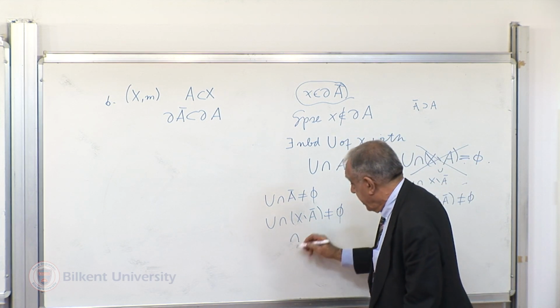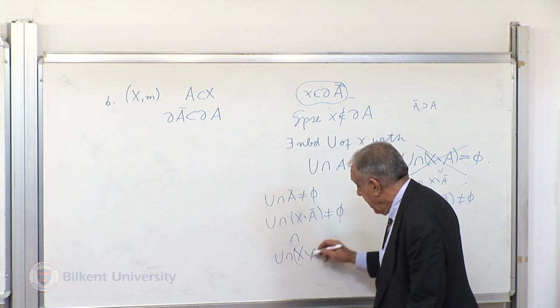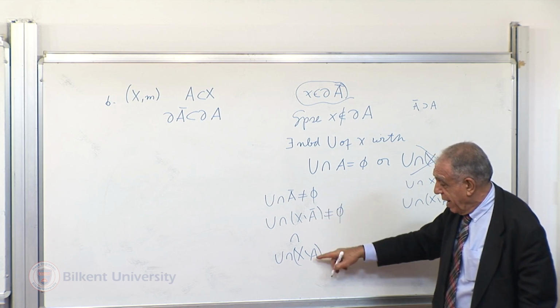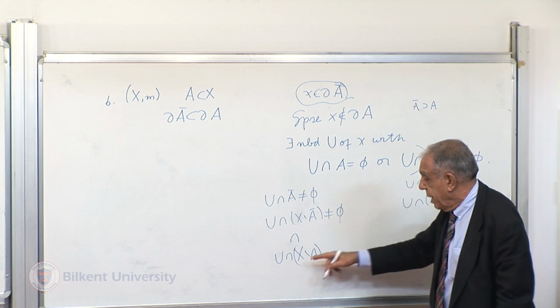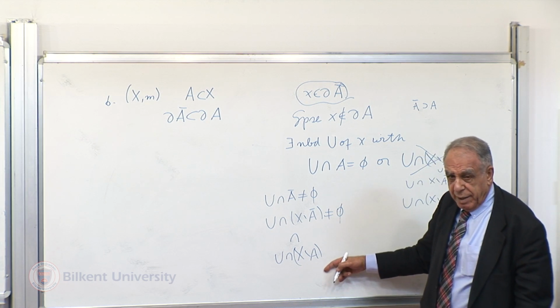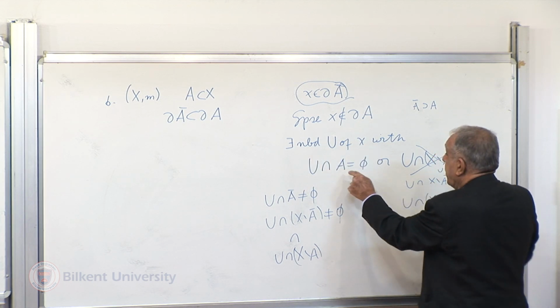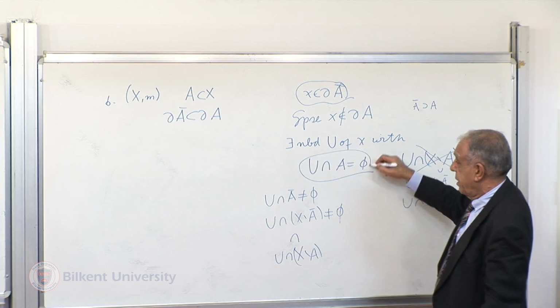But for U intersection X minus A, here you're taking out something smaller than A closure, so this is a larger set. This has to be non-empty. So the neighborhood U of x with this or this cannot be the case. So it must be this.